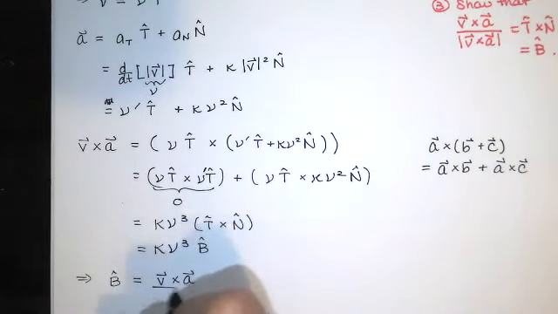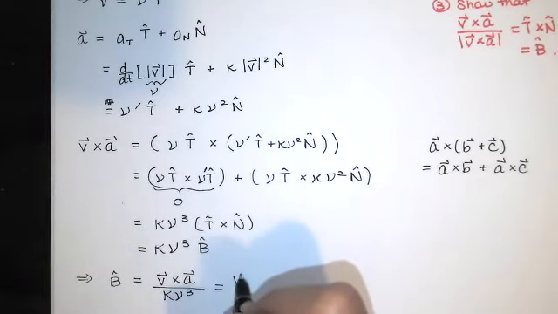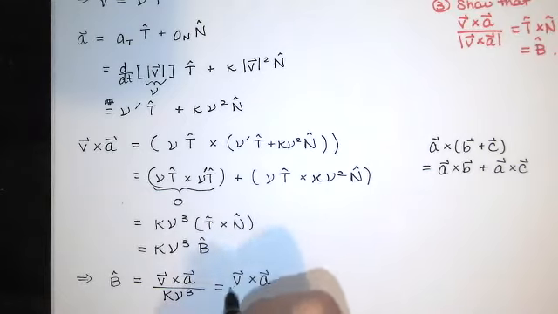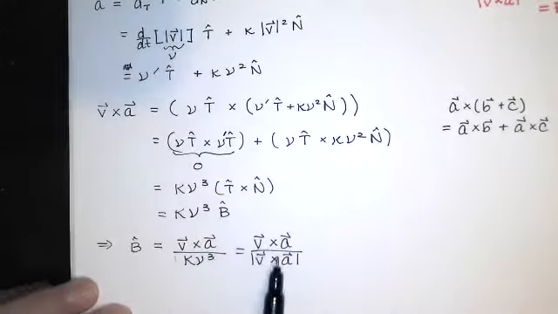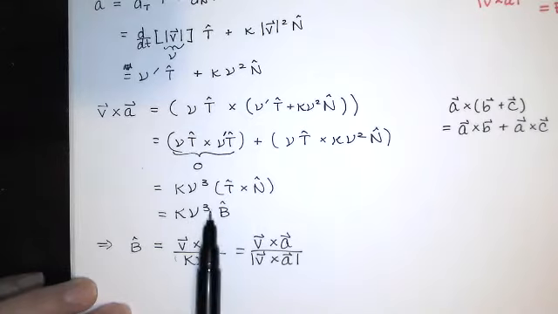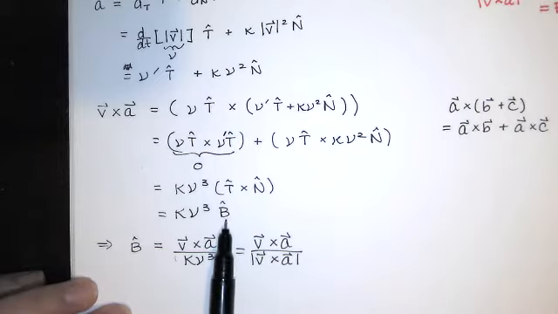So when I take that and solve for b hat, it's this vector divided by the magnitude of that vector. The magnitude of that vector is just that function of t out front, multiplying b hat, which we know is a unit vector.